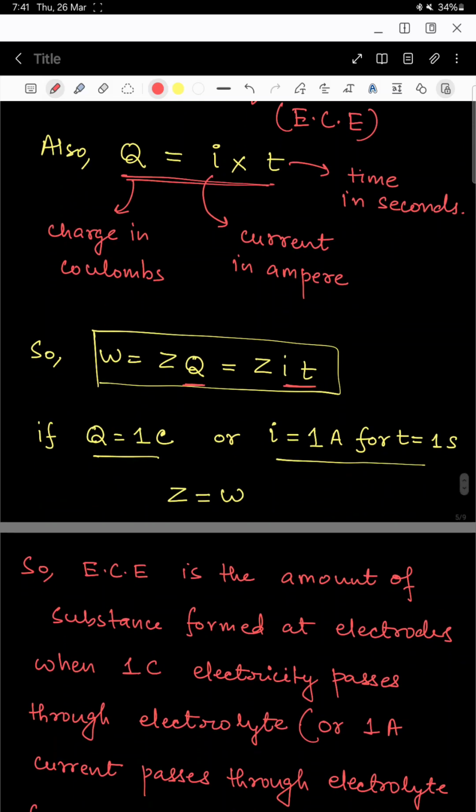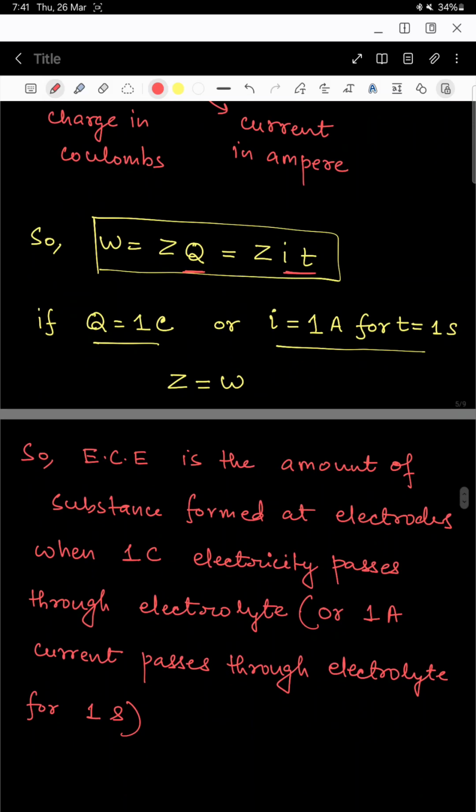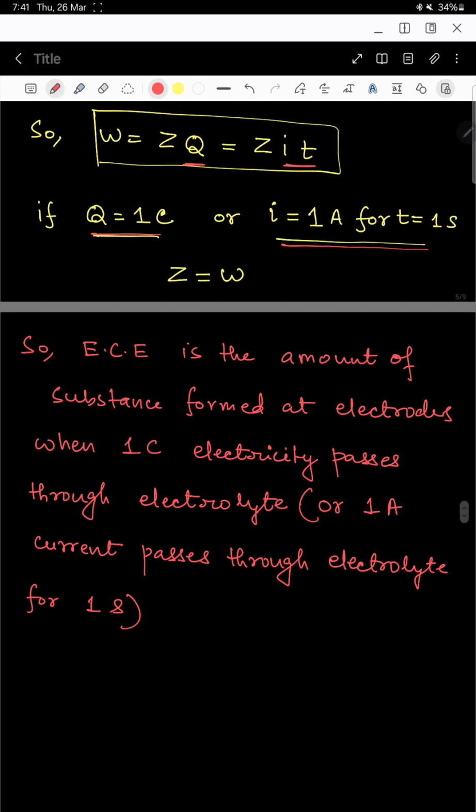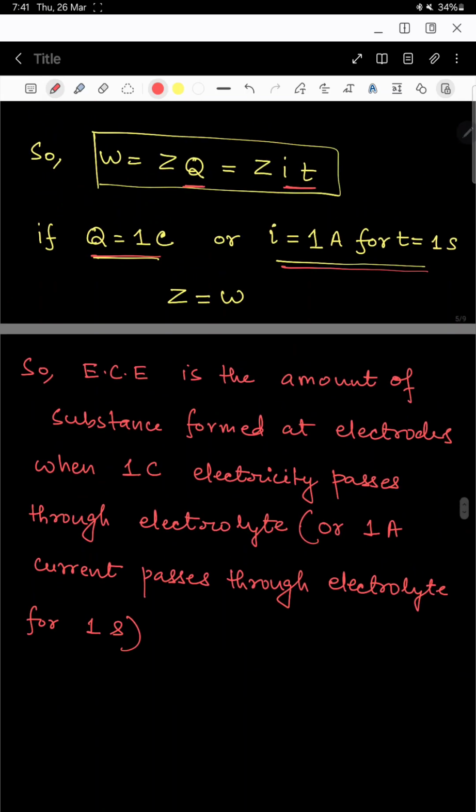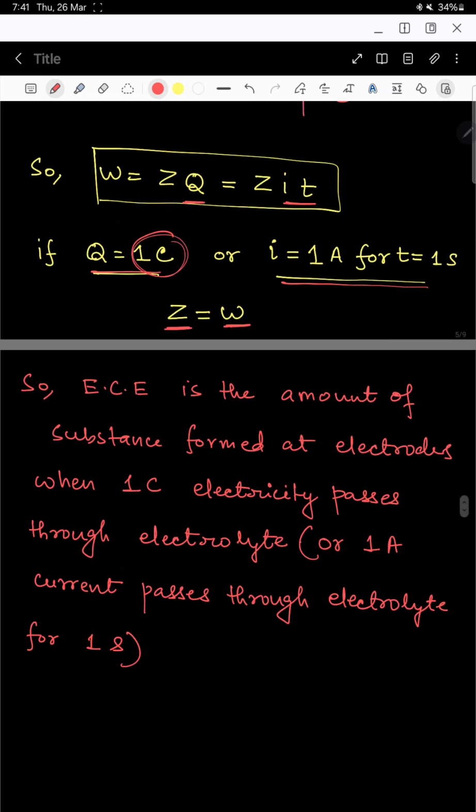Now to define Z, we take a case where charge is 1 coulomb. Either charge passing through the electrolyte is 1 coulomb, or current passing through the electrolyte is 1 ampere for 1 second. In both the cases, Z will be equal to W. So electrochemical equivalent is the amount of substance formed at an electrode when either 1 coulomb of electricity passes through the electrolyte or 1 ampere current passes for 1 second. So this is how we can define electrochemical equivalent.